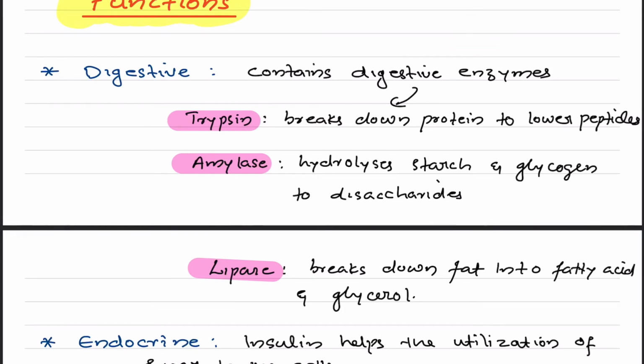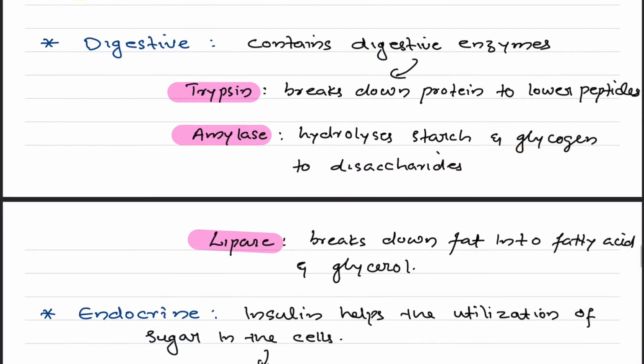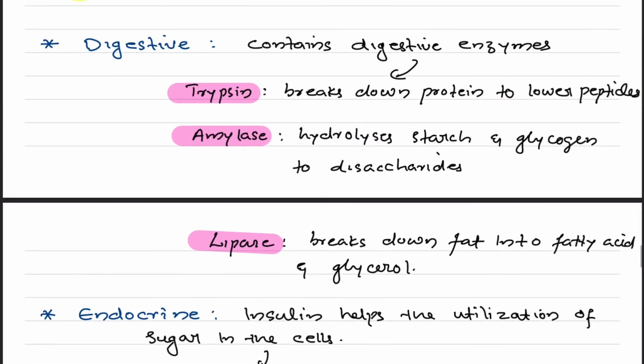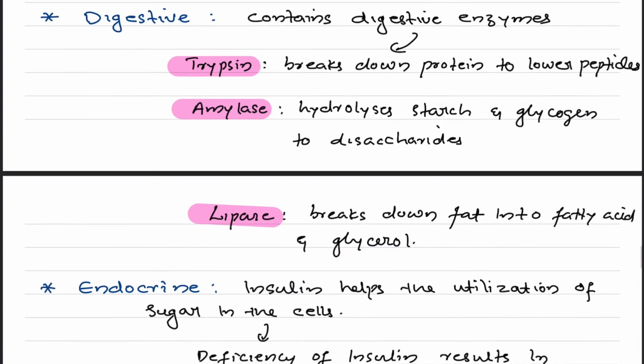Trypsin breaks down protein into lower peptides, while amylase hydrolyzes starch and glycogen into disaccharides, while lipase breaks down fat into fatty acids and glycerol. So the main function of the pancreas is digestion by these digestive enzymes.